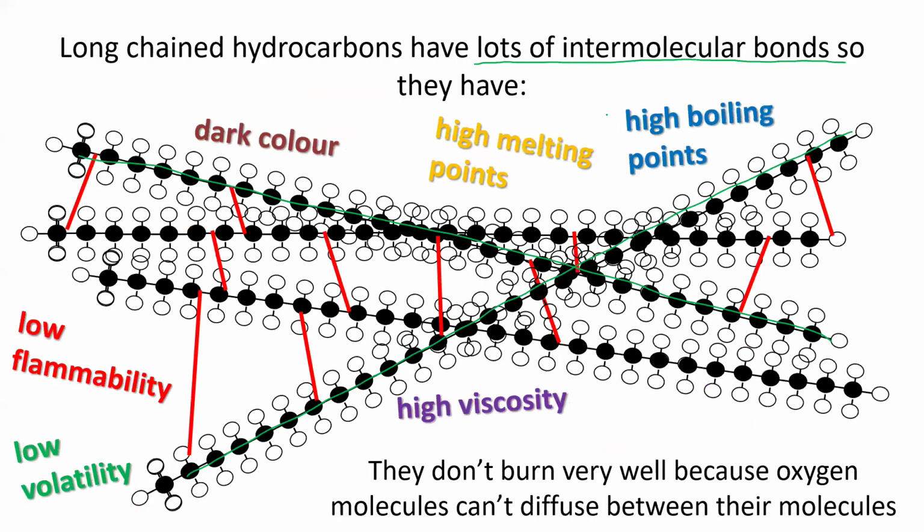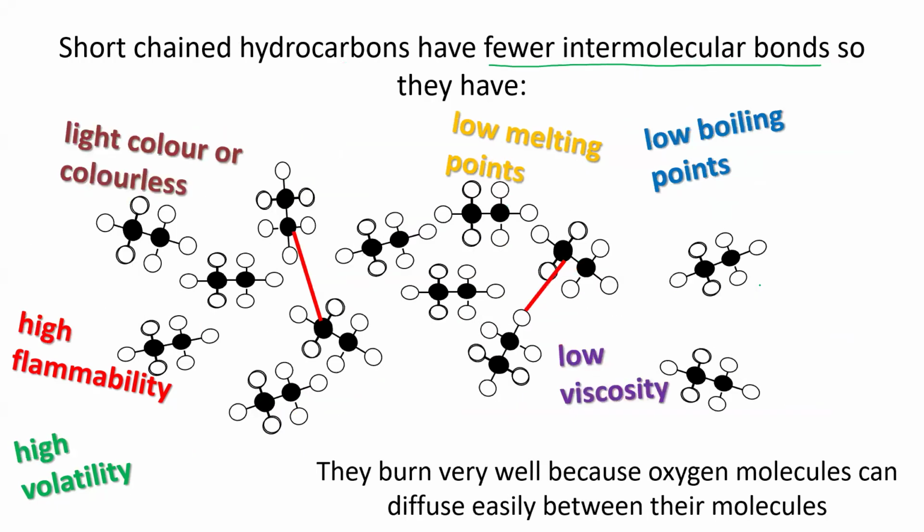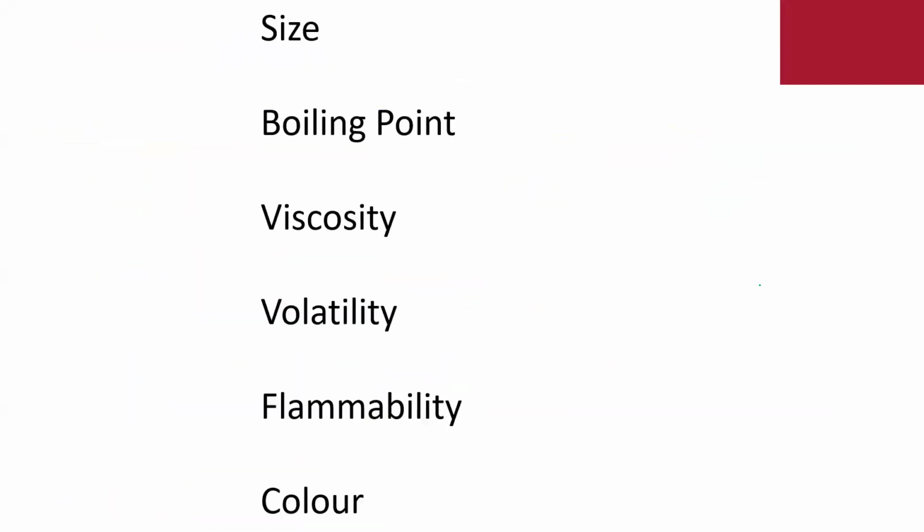If I then show you the diagram here again, those carbons, those black circles, is the chain. So that one there is probably about a 20 carbon chain, maybe even more than that. This one, 2 carbon chain. So the smaller the chain, the fewer intermolecular bonds. Right. So what I've got on there is size, boiling point, and we just talked about it. Petrol, it's all because of intermolecular bonds.